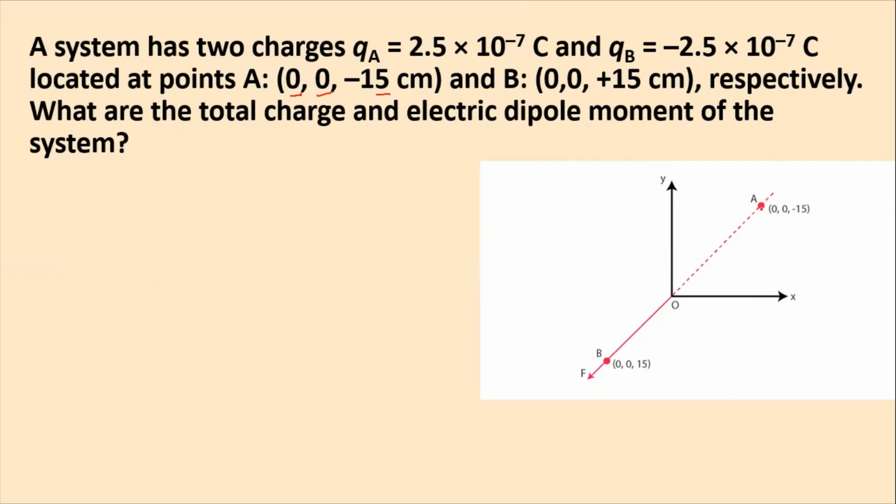What will be the charge of the system? You know that a dipole means two equal and opposite charges separated by a small distance. So one charge is positive, another charge is negative. When they are added up, the total charge will be equal to 0.